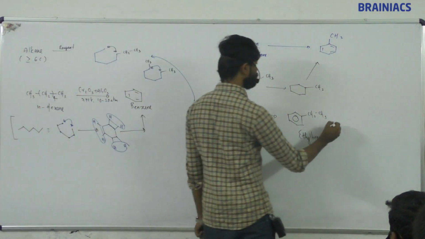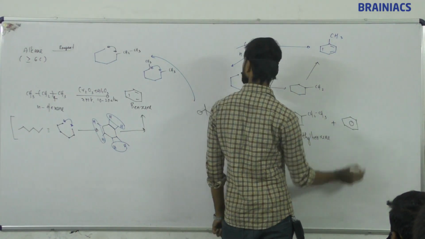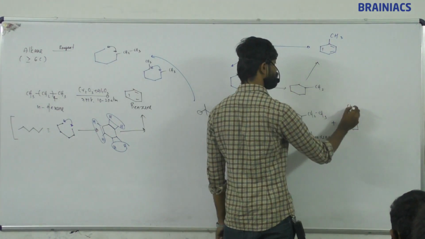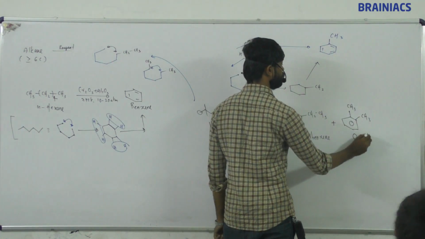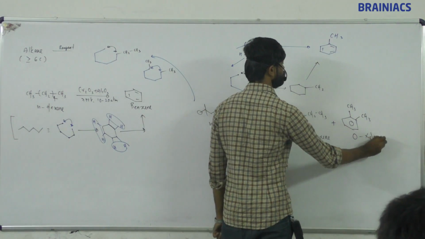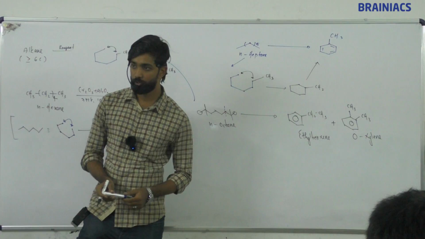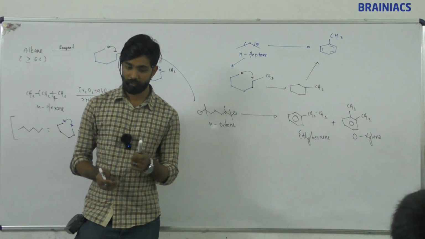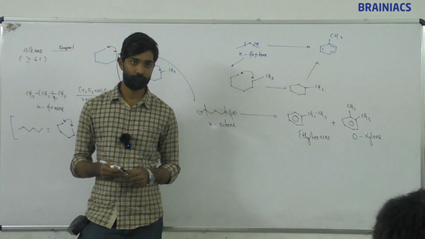So it will be ortho xylene. Here is a CH3, here is also a CH3. Ortho xylene. Dimethyl benzenes are known as xylene. Methyl benzene, toluene. Dimethyl benzene, xylene. If it is in a relative ortho position, then ortho xylene.